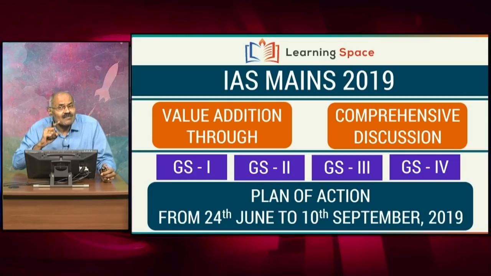What is the second aspect? Second aspect is the value addition. That means the important points you are adding in that 150 words or 200 words. The word limit is given, 150 words, 200 words, and within that word limit, what are the important points you are mentioning?